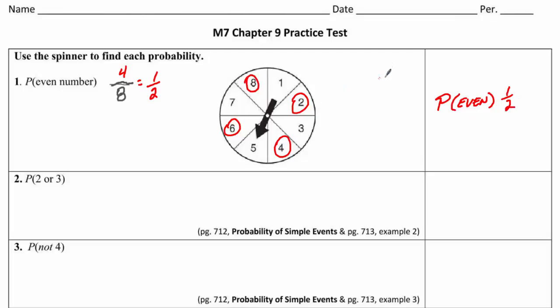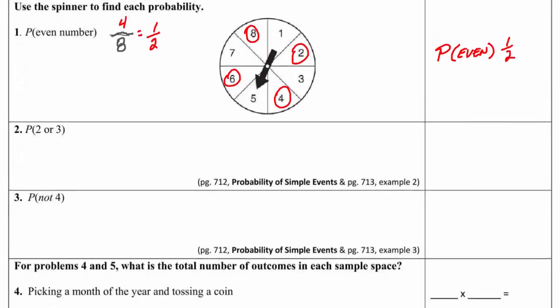Problem number 2, the probability of getting a 2 or a 3. So the best way to do this is to break it down and do it in parts. What's the probability of getting the 2? Well, there's 1 2 on the spinner. There are 8 things possible, so there's a 1 out of 8 chance that you'll get a 2. And probability of getting a 3, same situation. There's 1 3 out of 8 choices.